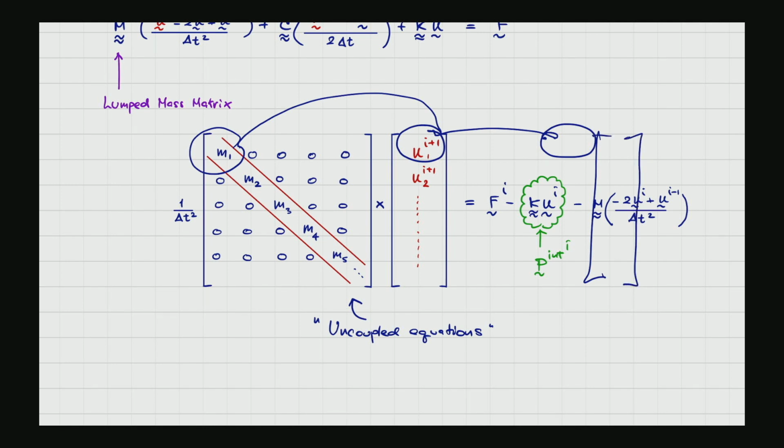Am I right? M2 multiplied by this equals this. So you have just a lot of uncoupled equations.